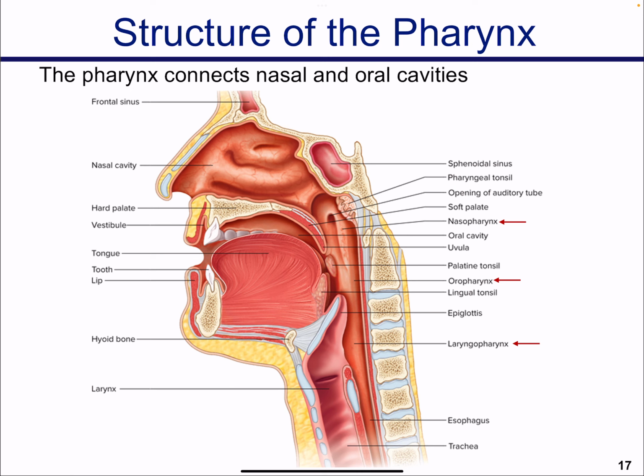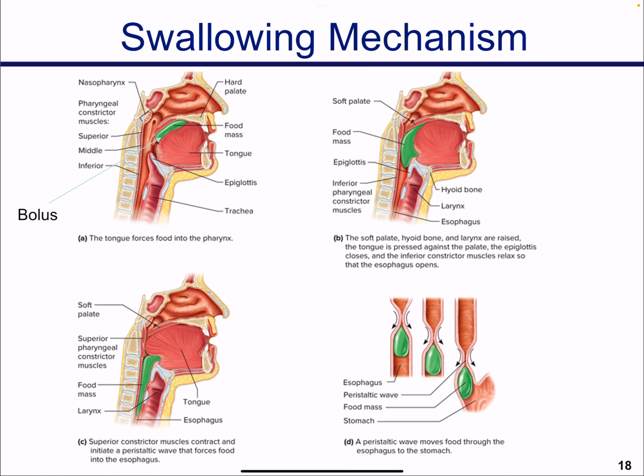So the pharynx, I already told you about the nasopharynx, the oropharynx, and the laryngopharynx. I'm not going to come back to that. So all this area right here is the pharynx. Now, what is the swallowing process? Basically, when you put the food in your mouth, it is called food. You start chewing it, the salivary glands start releasing some saliva.